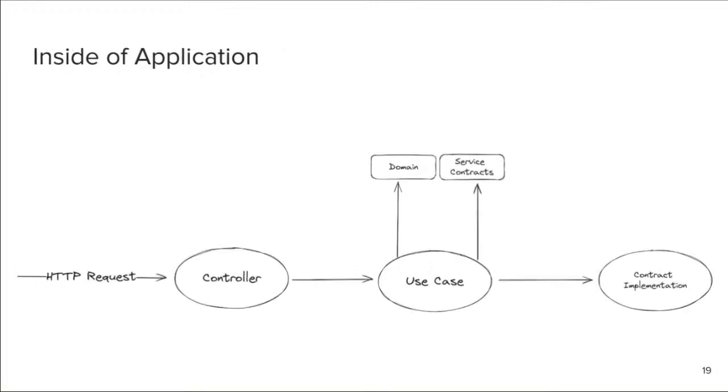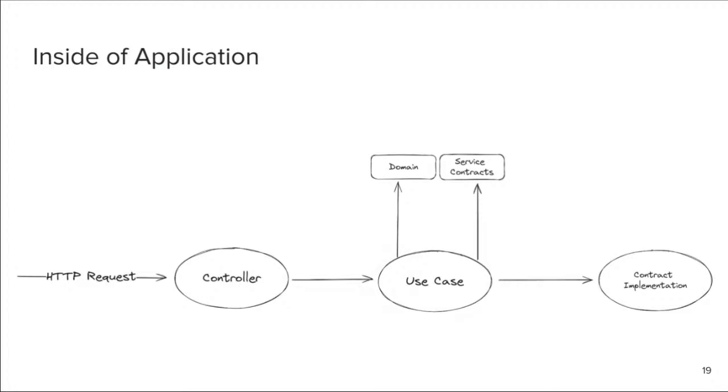But if we look closer into the application, we will see that it will be something like that in all these architecture patterns, because they come from the same principles. So let's see. We have an HTTP request coming in. We will have a controller handling that, talking to a use case, and by use case I mean a feature.